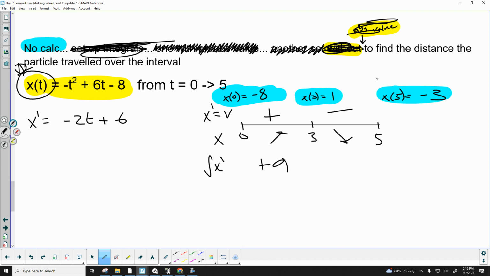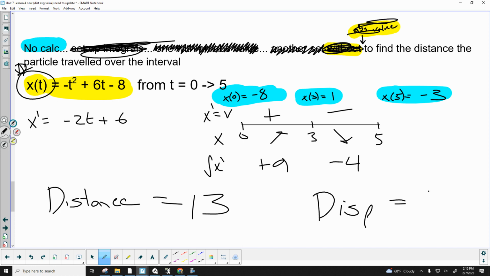From 1 to negative 3, I decrease 4. You found your displacements, you found the areas under your velocity without having to do anything with an integral. And now you can answer that your distance has to be 13. Your displacement has to be 5, from negative 8 to negative 3, plus 5.